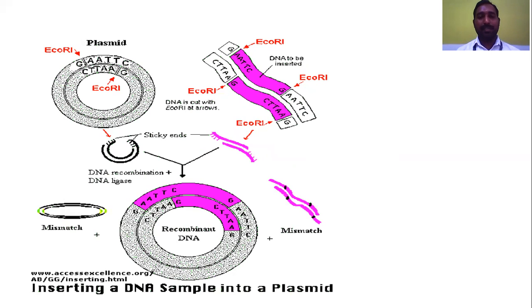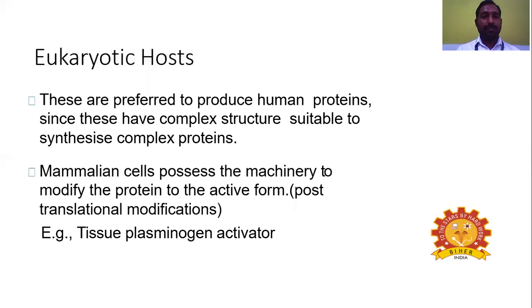Once we have the perfect recombinant, we transfer it to the host cells. So here we have the eukaryotic host cells. Human proteins should be produced in eukaryotic host cells, and mammalian cells possess the machinery to modify the protein to its active form, that is the post-translational modification.